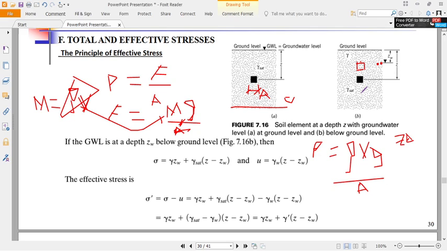Then for rho, density times gravity is equal to the unit weight. We'll give you the unit weight.